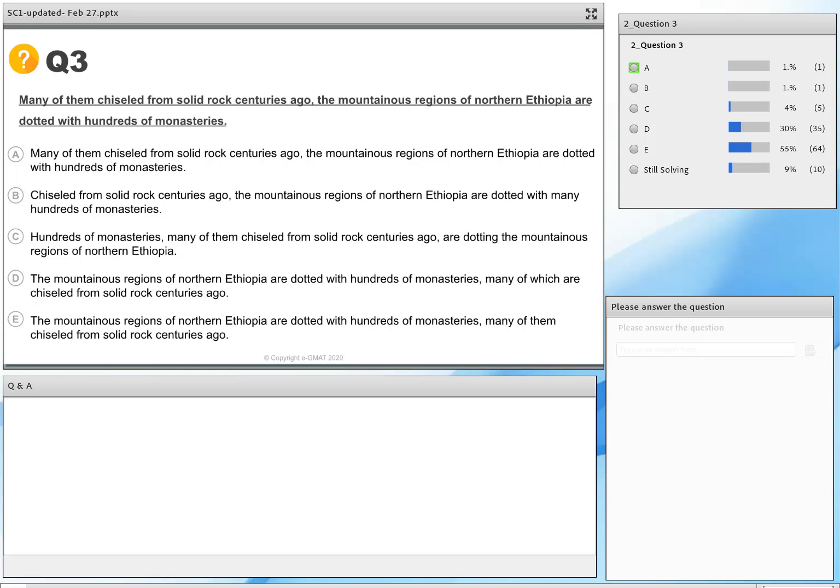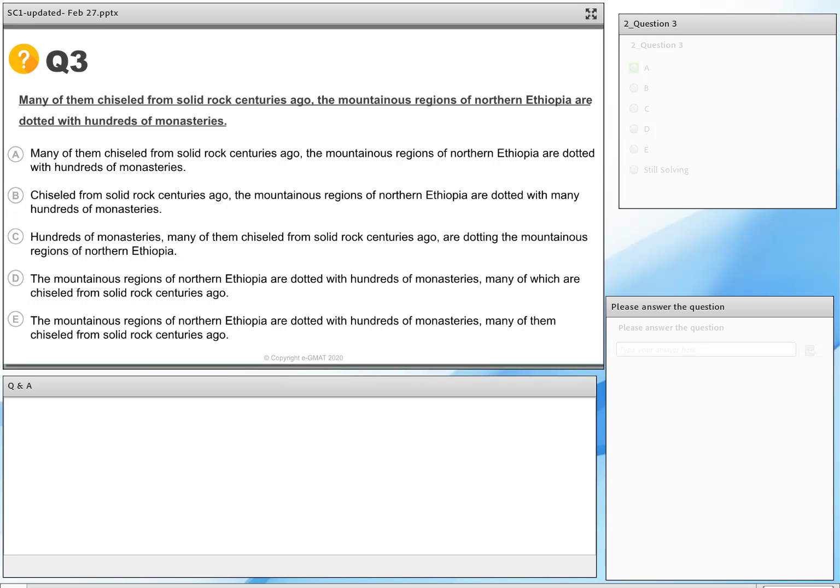I will be closing this poll in 10 seconds, so my countdown begins. 10, 9, 8, 7, 6, 5, 4, 3, 2, 1, 0. Okay, last call. Anybody who wants to lock an answer? I don't see any movements. Okay, so I'm going to end the poll here.